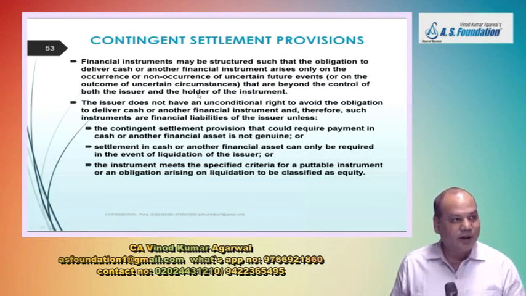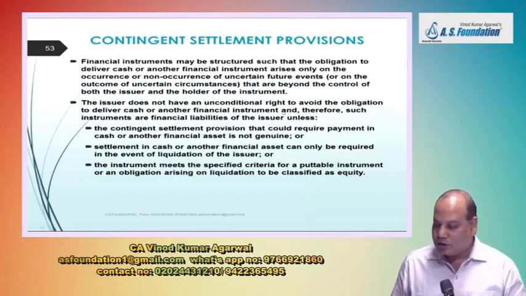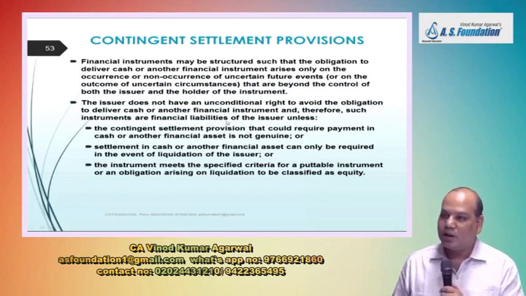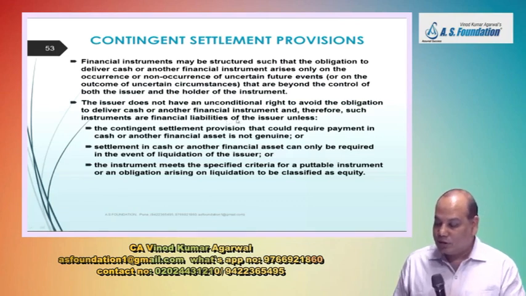But if this event happens, then the issuer does not have an unconditional right to avoid the obligation to deliver cash or another financial instrument, and therefore such an instrument will be classified as a financial liability. But again, what you have to see is what kind of contingent settlement provision it is.